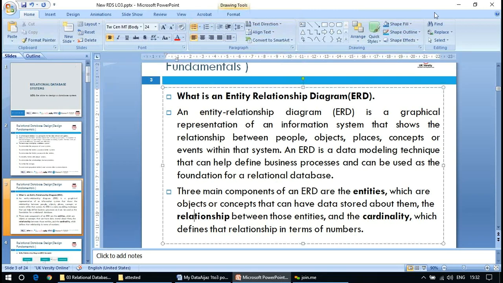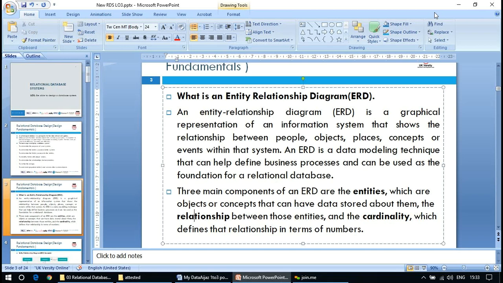For example, there is a course and there is a student. What would be the relationship between the course and student? That the student enrolls into the course. That is a relationship. How many times? Let's say, for example, one time. So the relationship is one of the main components of the ERD, and the third is the cardinality.